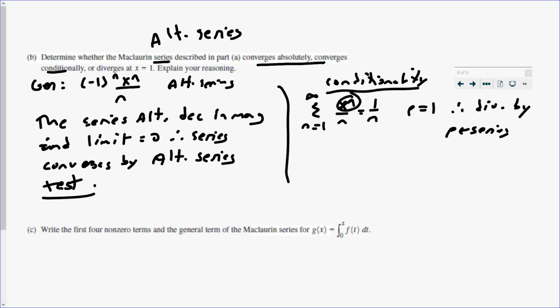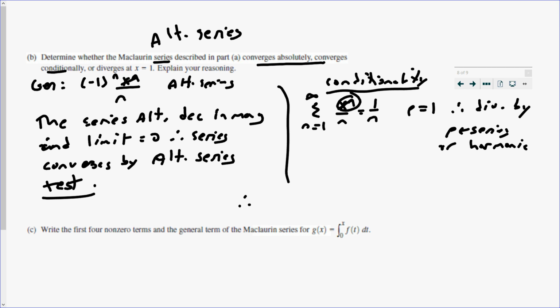So this converges only if the series alternates. If the series does not alternate, we don't worry about the x part. We really only worry about the n part, the 1 over n, because x is just going to be a number we plug in. So since p is 1, we know this series will diverge by p series, or just say it's harmonic if you want to. Harmonic. There we go.